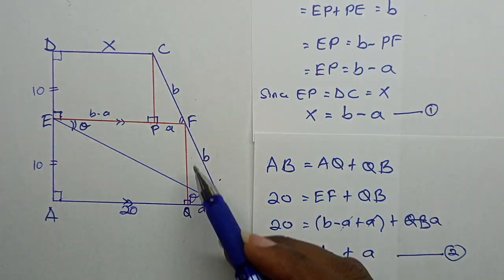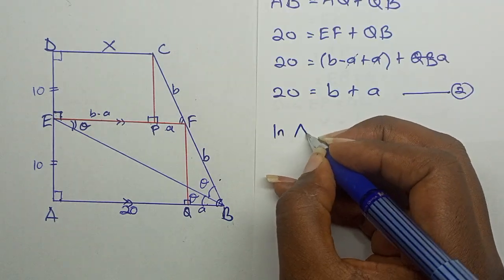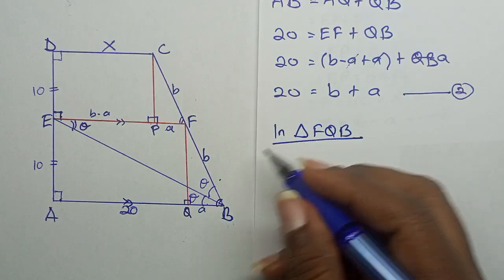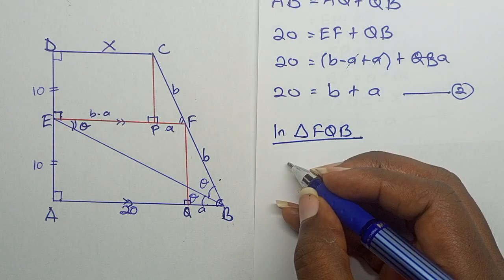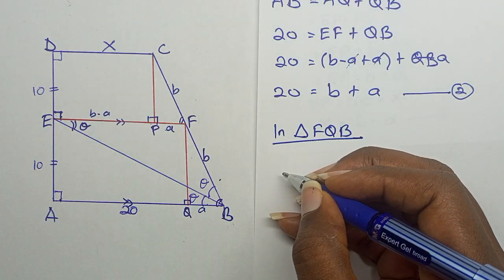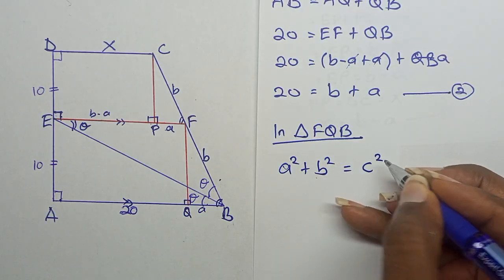Now let's focus on triangle FQB. This is 90 degrees, so it's a right angle triangle, so we shall use the Pythagorean theorem: A squared plus B squared is equal to C squared.